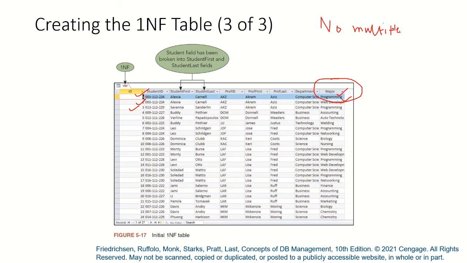No multiple values anymore, and there is no duplicate record. So these are the two attributes that we have accomplished when we create this first normal table.